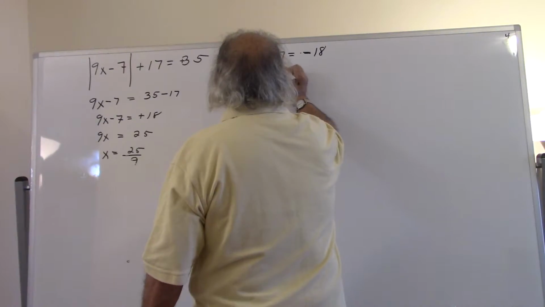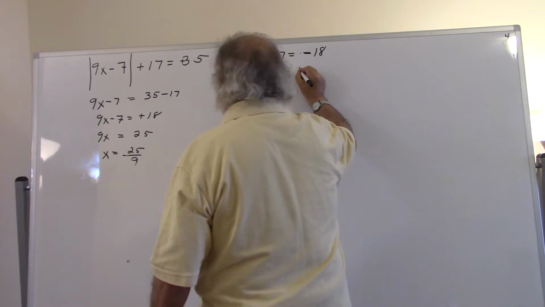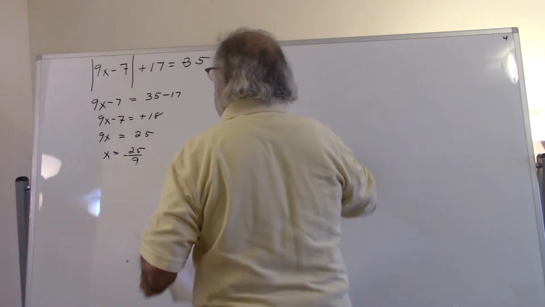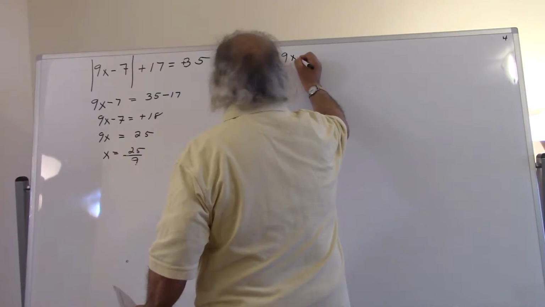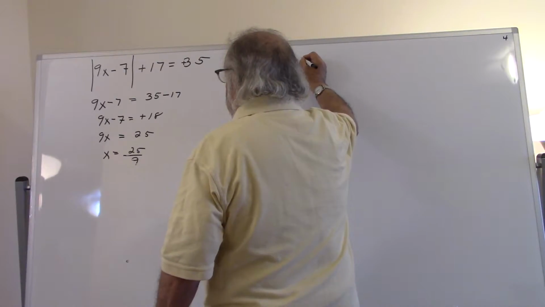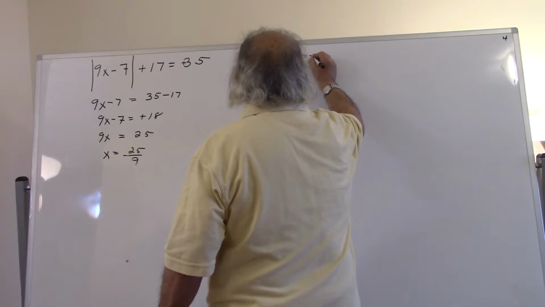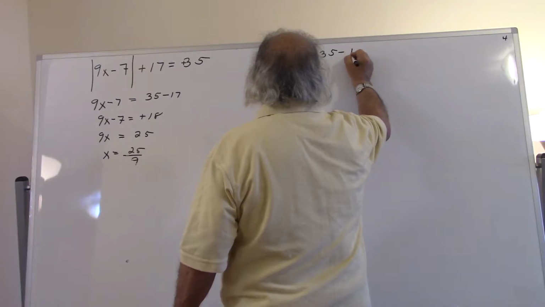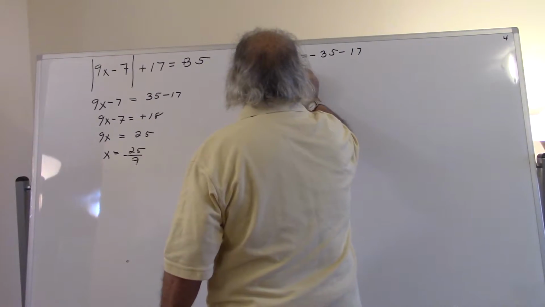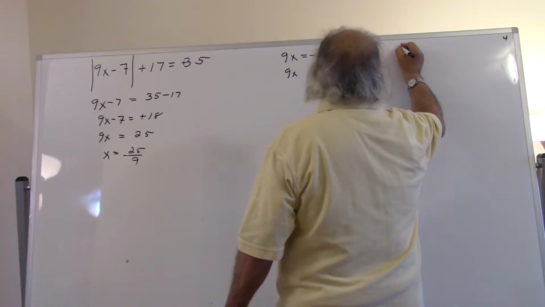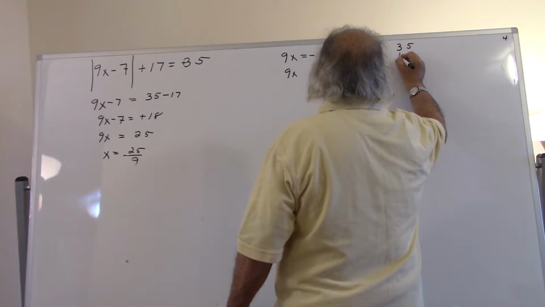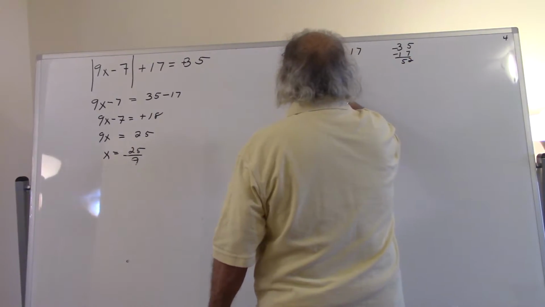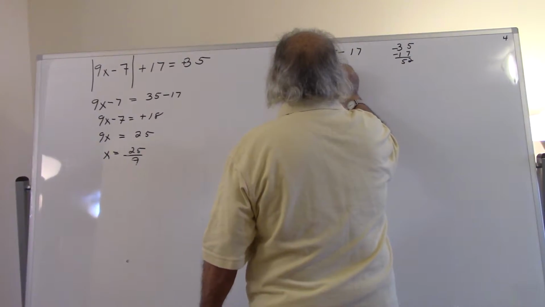It's 9x equals minus 35 minus 17. Add that up. 35 and 17, both minuses, is minus 52.